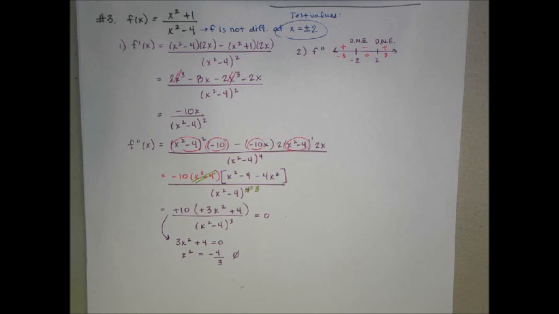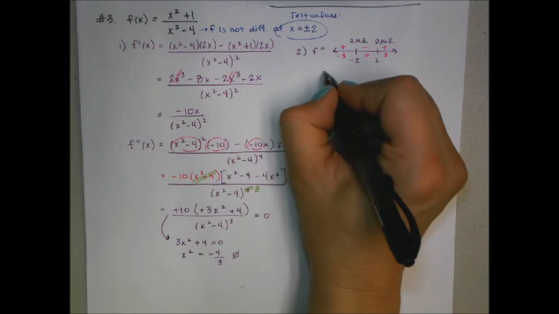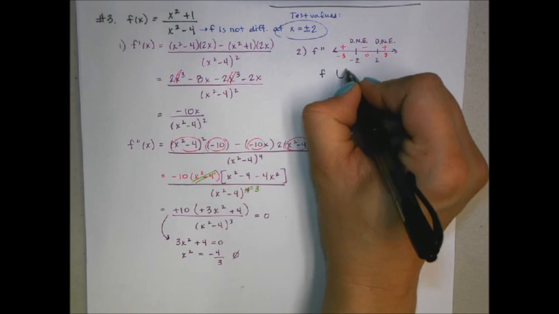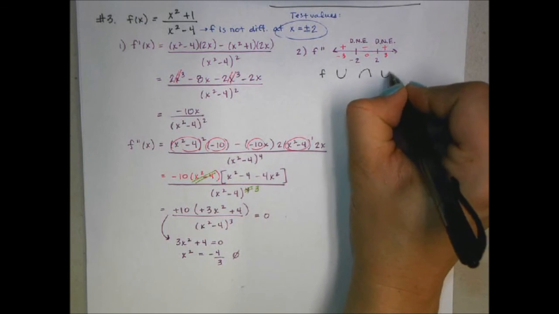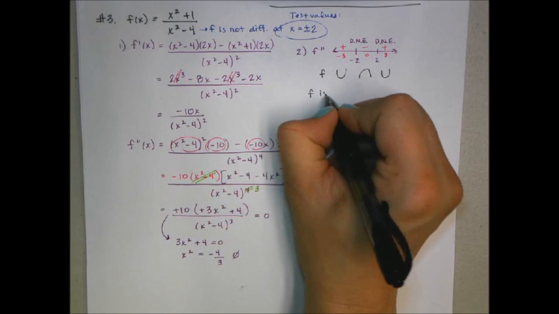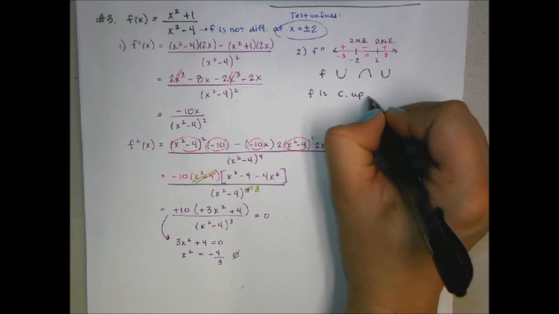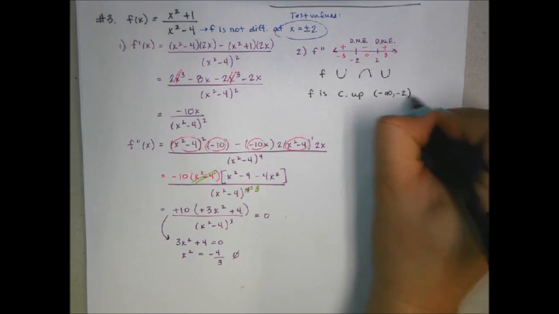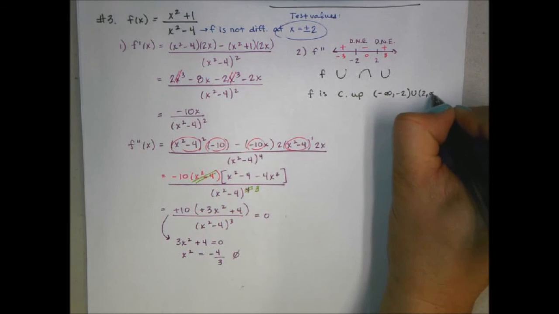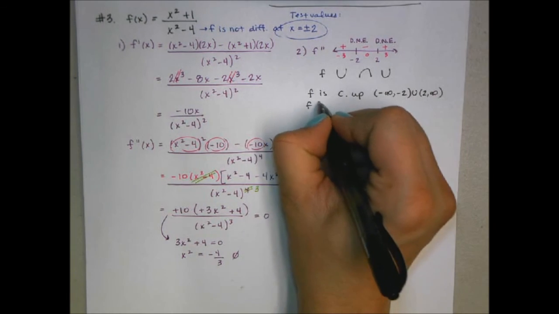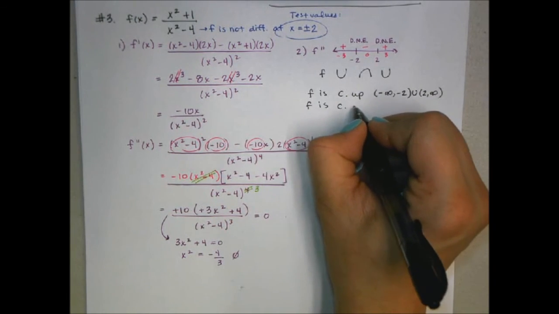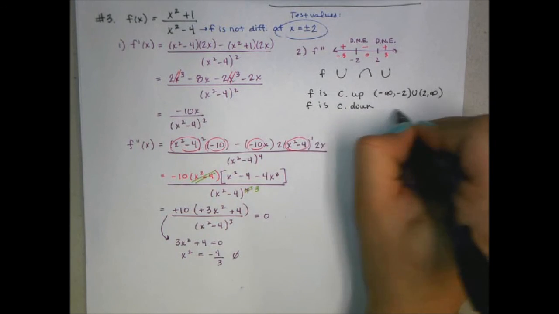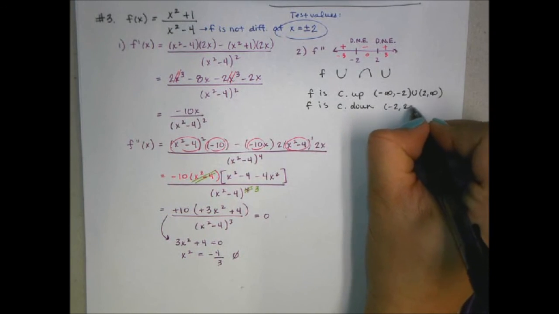So that tells me my function f is concave up, then down, then up. So concave up from negative infinity to negative 2 and 2 to infinity. Concave down from negative 2 to 2.